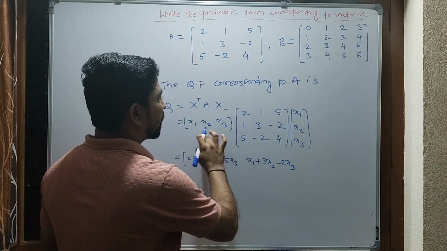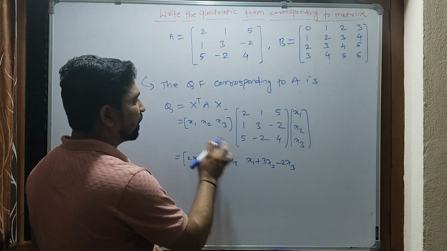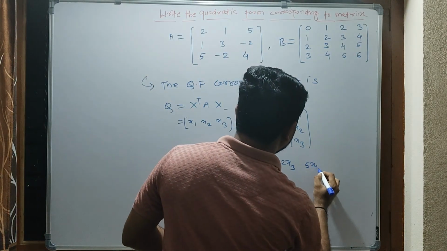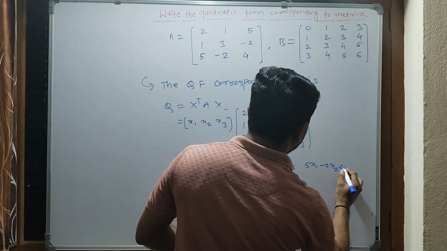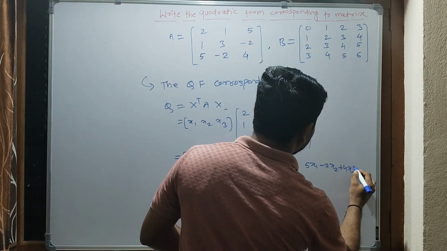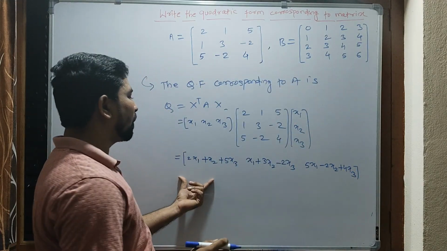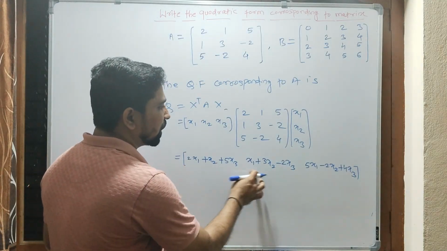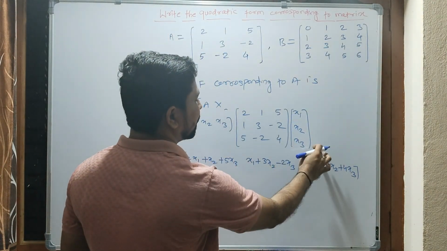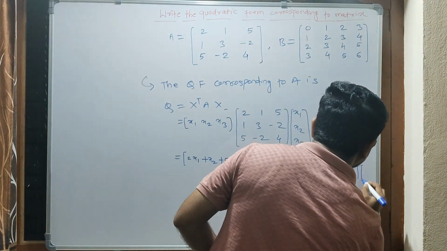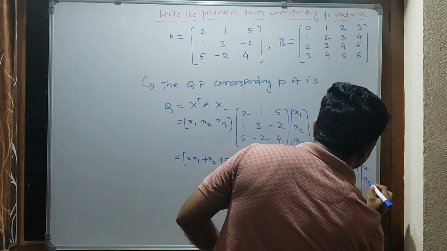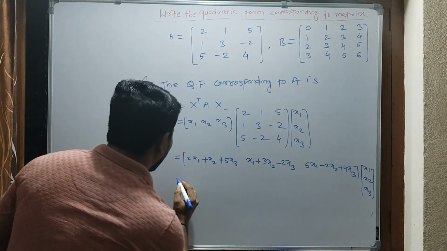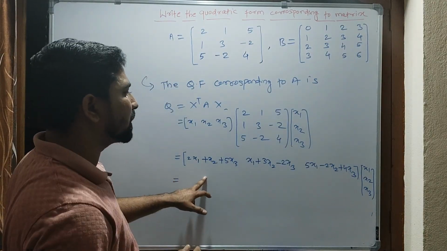First row third column is 5x1 minus 2x2 plus 4 times x3. So this is a matrix of order 1 row and 3 columns, and we write the column vector as it is, x1, x2 and x3.